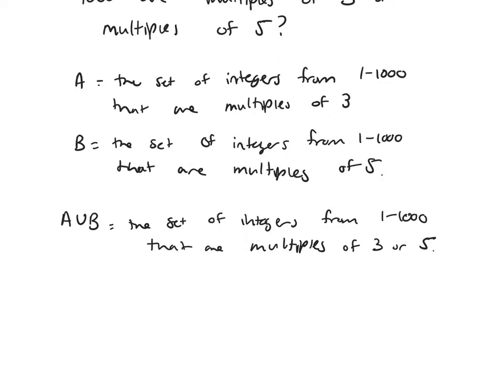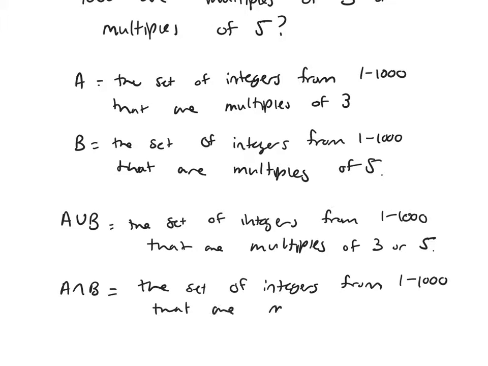And then their intersection would be, if something is a multiple of 3 and a multiple of 5, it's a multiple of 15. So the set of integers from 1 to 1,000 that are multiples of 15.